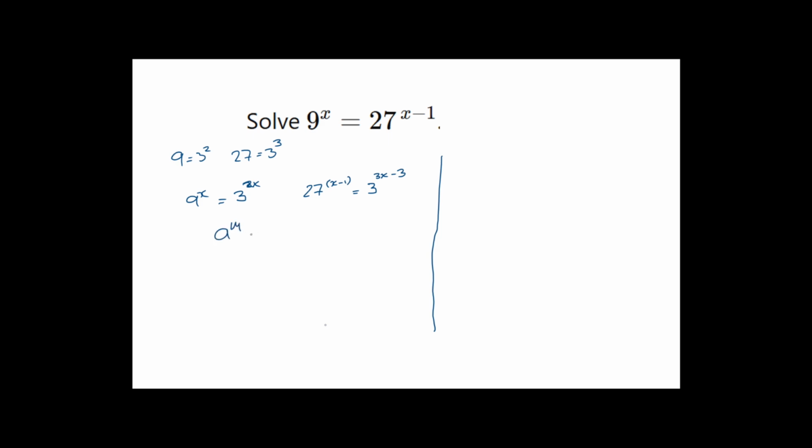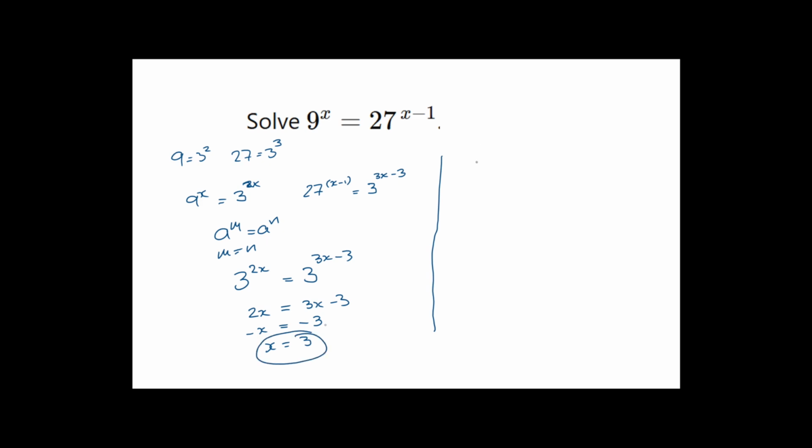Remember, if a to the power of m equals a to the power of n, then m must equal n. So 3 to the power of 2x equals 3 to the power of 3x minus 3. That means that 2x must equal 3x minus 3. So minus x equals minus 3. So x must equal 3 there.